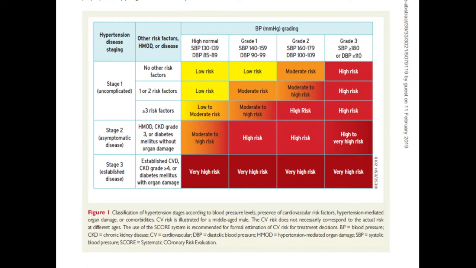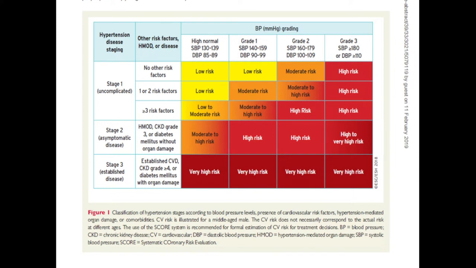In grade 1 arterial hypertension, low risk occurs if no risk factors. Moderate risk if 1 or 2 risk factors. And moderate or high risk occurs if we reveal more than 3 risk factors.